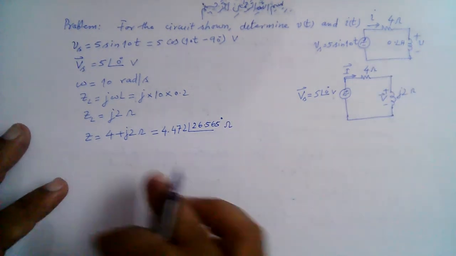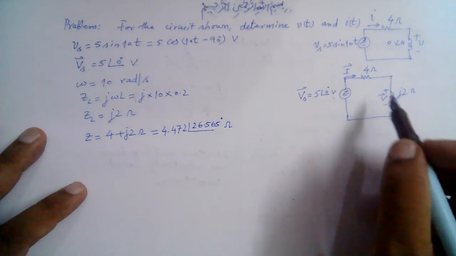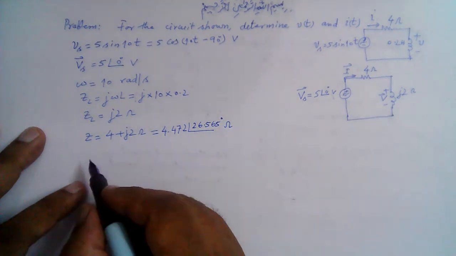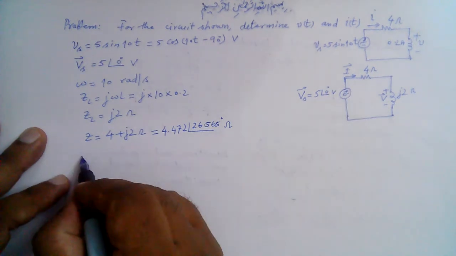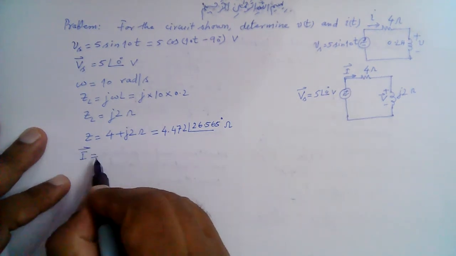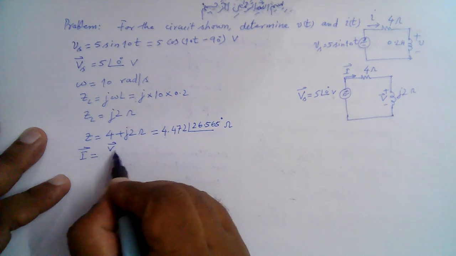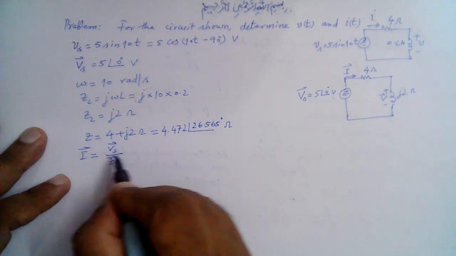So this is the impedance of this circuit here, and it's then convenient to find this current. So I is given by Vs over Z, right?